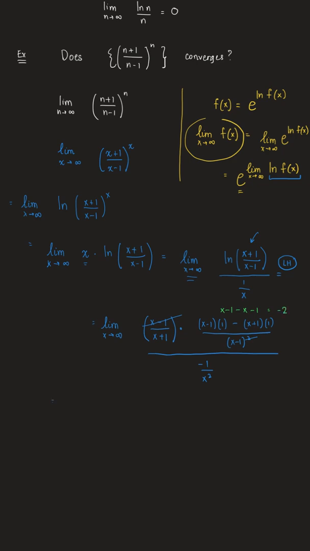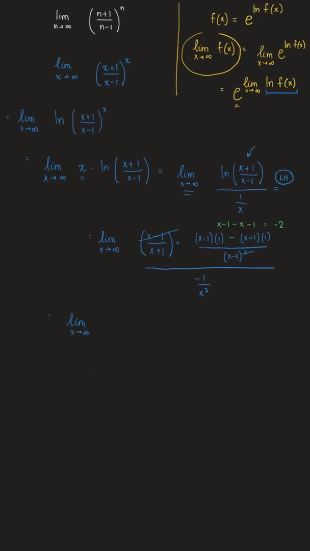So we've got the limit as x approaches infinity of negative 2 over x plus 1 times x minus 1, over negative 1 over x squared.